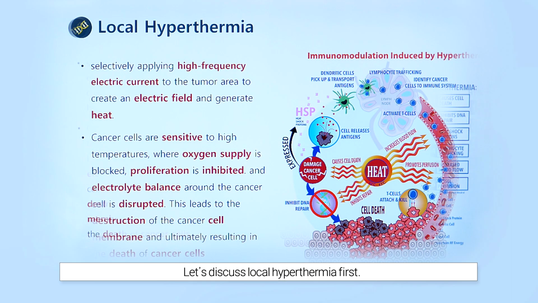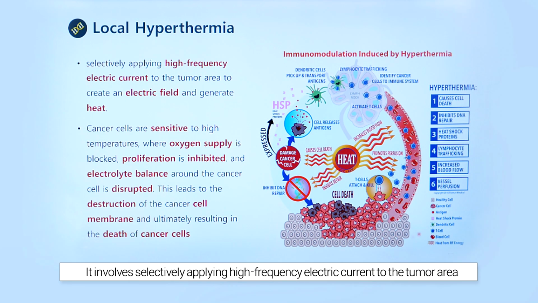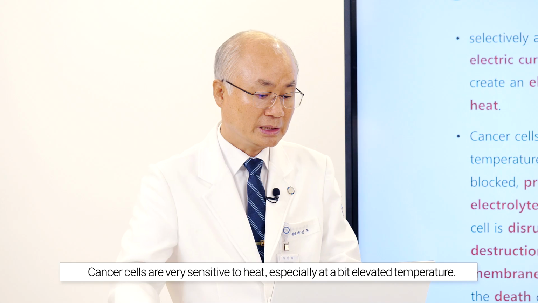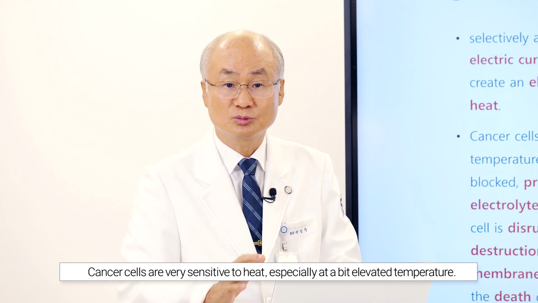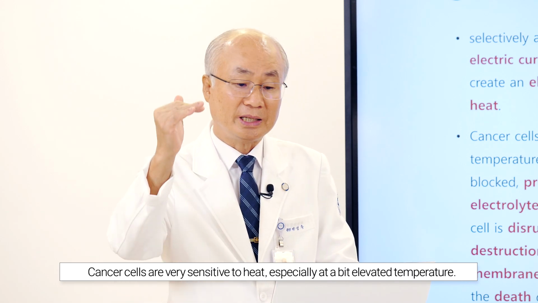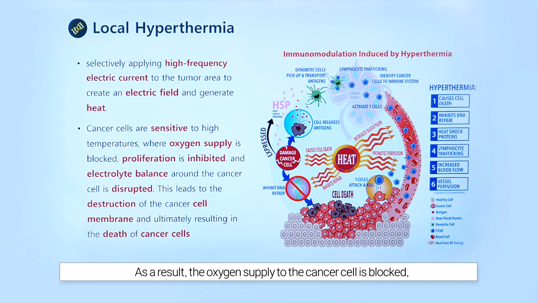Local hyperthermia first. It selectively applies high-frequency electric current to the tumor area to create an electric field. Then the electric field will generate heat. The cancer cell is very sensitive to heat, especially at a little bit higher temperature. The oxygen supply will be blocked and proliferation will be inhibited.